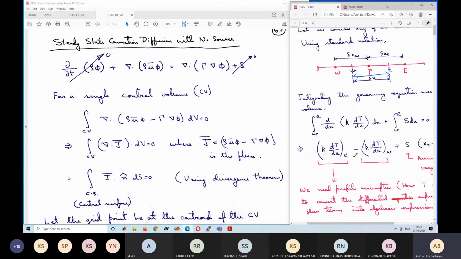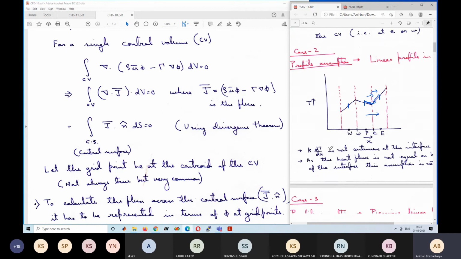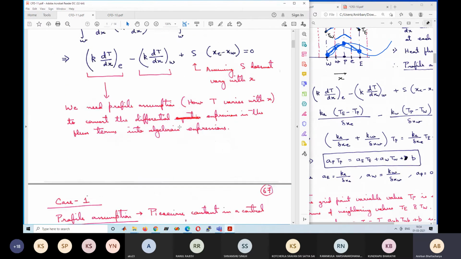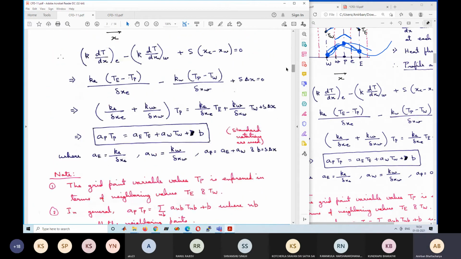The integral of j dot n over the entire control volume is equal to only this k dT/dx at east minus k dT/dx at west, which after profile assumption we have obtained to be ke (TE minus TP) by delta xe minus kw (TP minus TW) by delta xw, and ultimately based on this we obtained the algebraic equation, an algebraic equation of the TP value in terms of its neighboring grid point values.